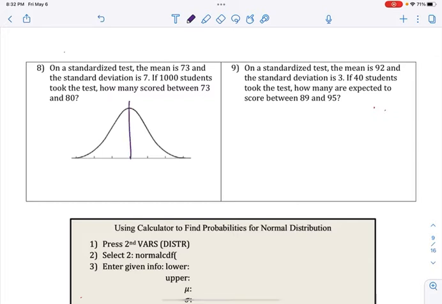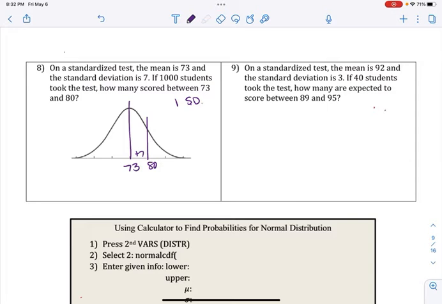All right, so I'm going to put that mean in the middle, 73. The standard deviation is 7. If 1,000 students took the test, how many scored between 73 and 80? All right, so my standard deviation is 7. So 73 plus 7 is 80. I want to know how many people scored between 73 and 80. That's 1 standard deviation.